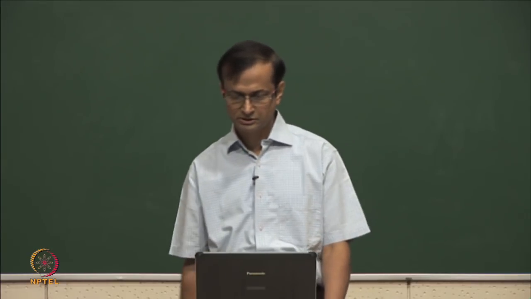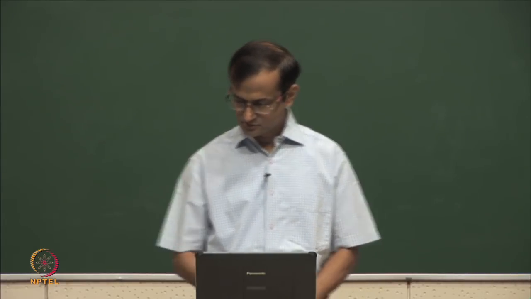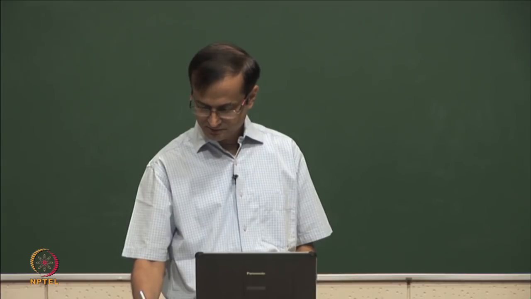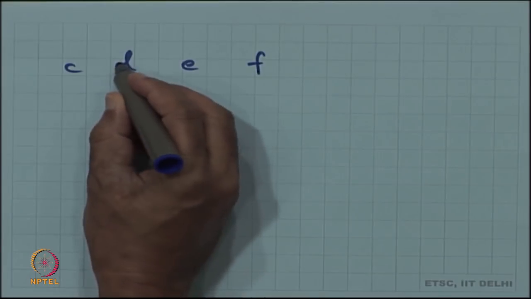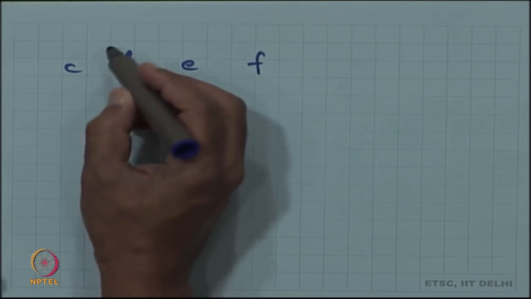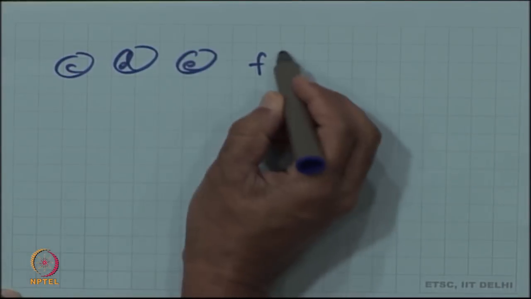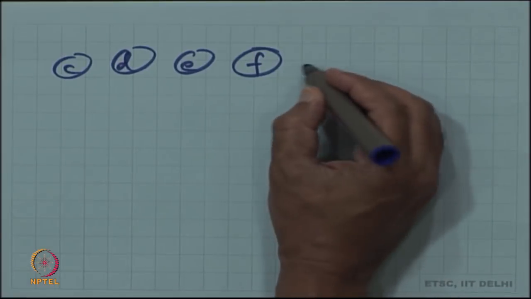I have C, D, E, F, and C and D are involved in a computation in the next node. So these are my choices. That's my ready list.